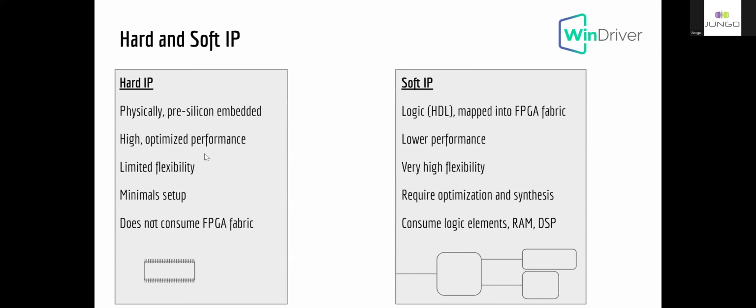It has high performance, since it is physically embedded in the silicon. It has limited flexibility, for obvious reasons. The setup is minimal because you don't have too much room for changing the configurations, and they do not consume FPGA fabric. So memory resources, it is not consuming the FPGA fabric.